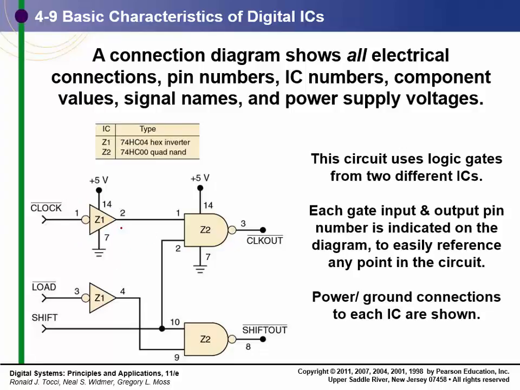So here, the first time I draw this part, I show my 5 volts and my ground, and that's pin 14 and pin 7. This is pin 1 and pin 2 right there. Now the second time I draw that part, I don't need to show the repeated pin 14 and pin 7 again.